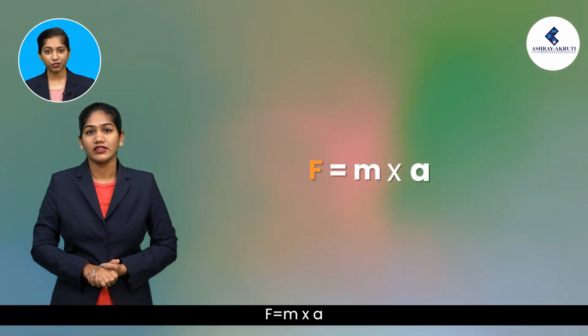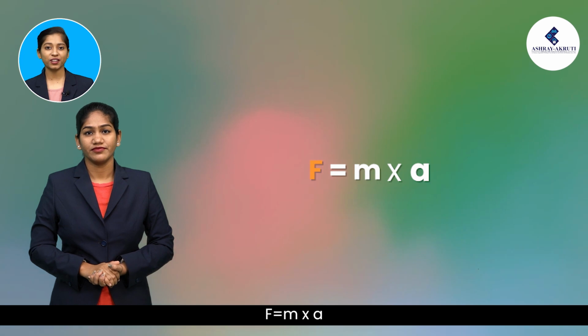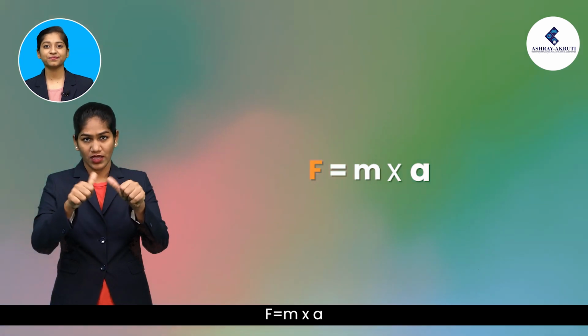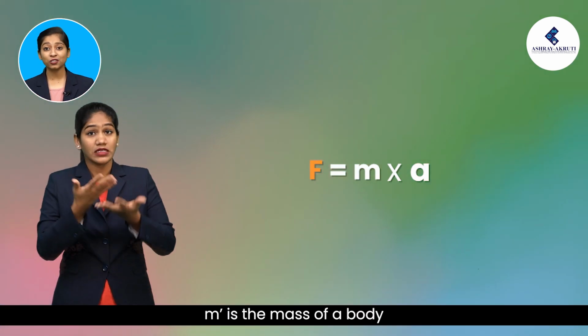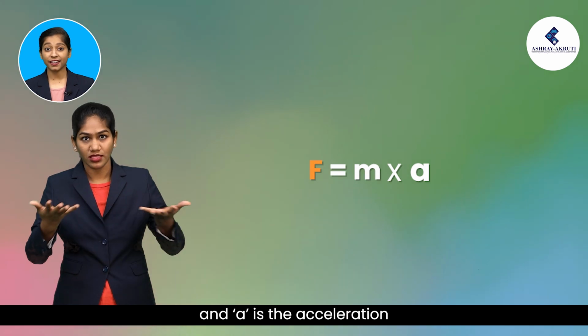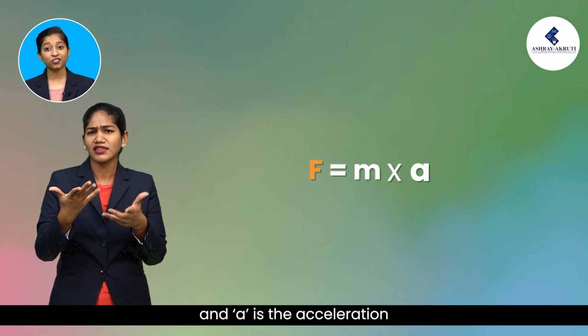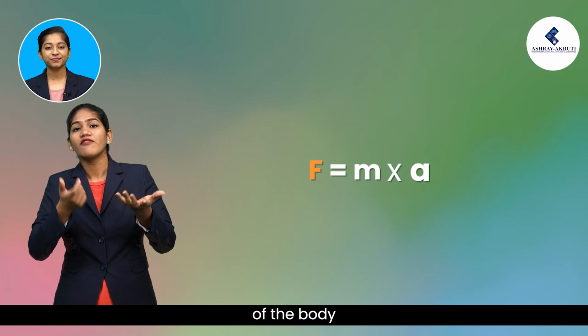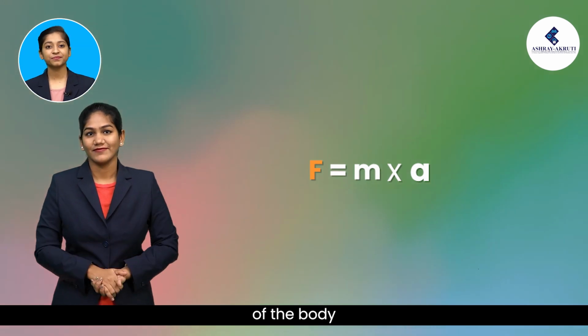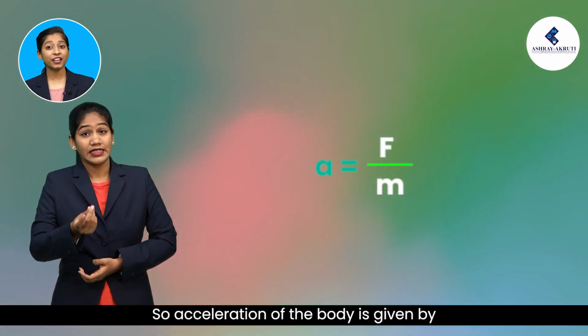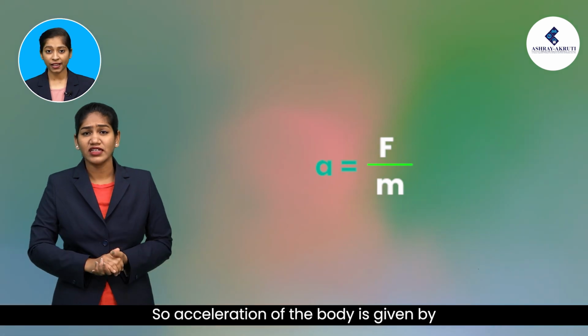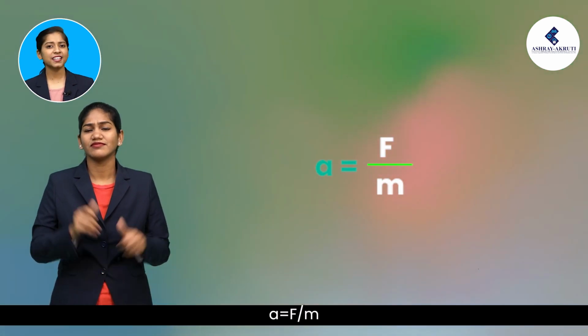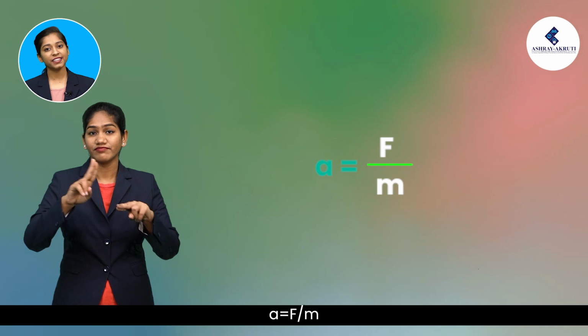F is equal to m into a. m is the mass of a body and a is the acceleration of the body. So, acceleration of the body is given by a is equal to F by m.